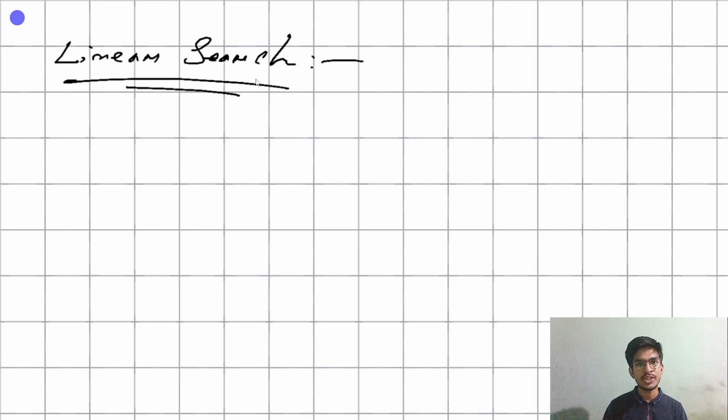In programming, searching means searching for an element, searching for data. In computer science, we are working with lots of data. That's what searching does: it finds a specific element from a large collection of data.